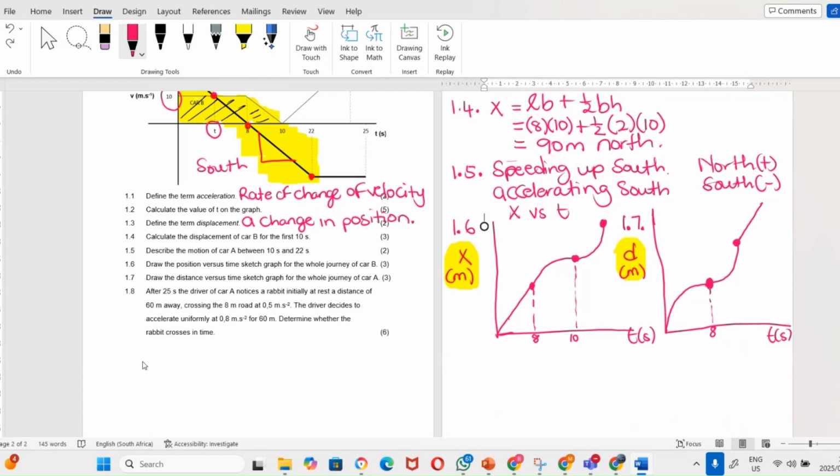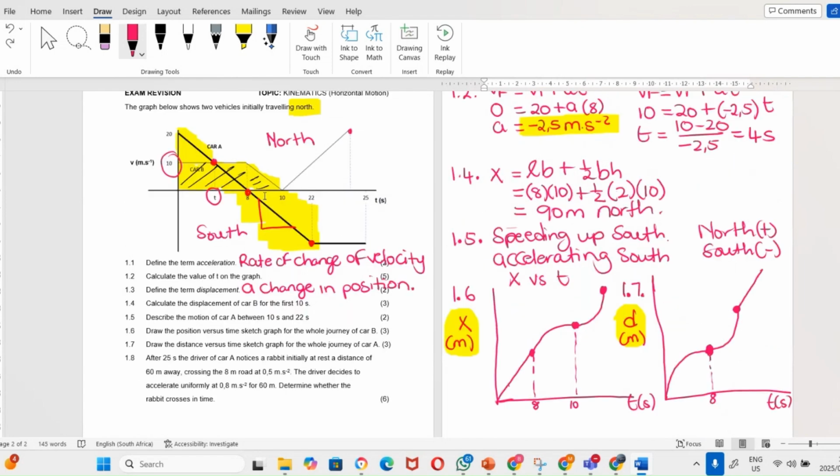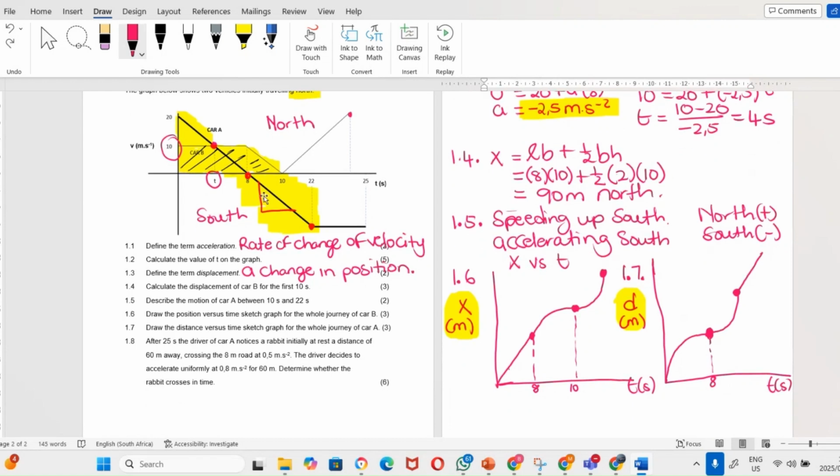And so what we see from car A is that we first need to find the velocity of car A between 22 seconds and 25 seconds, because at least there the velocity is constant.